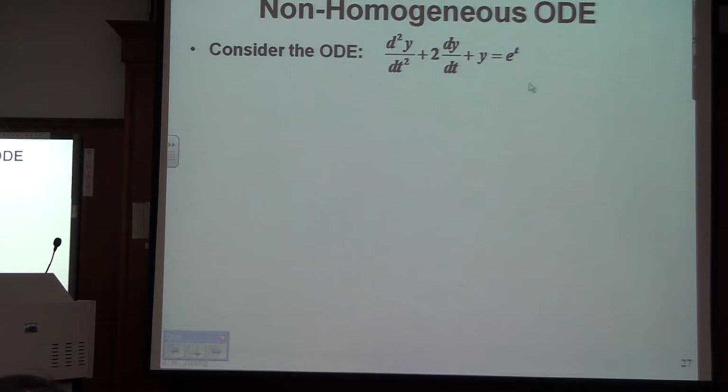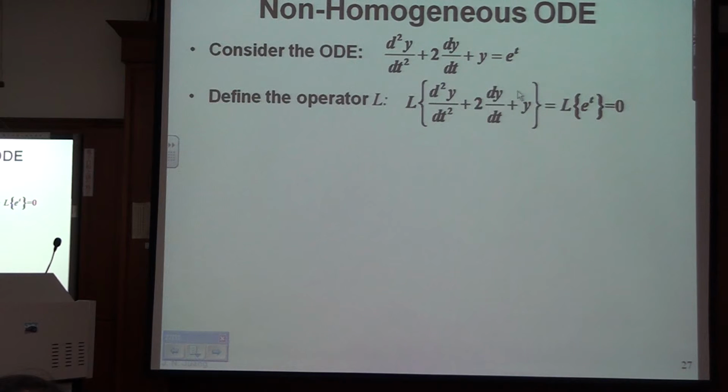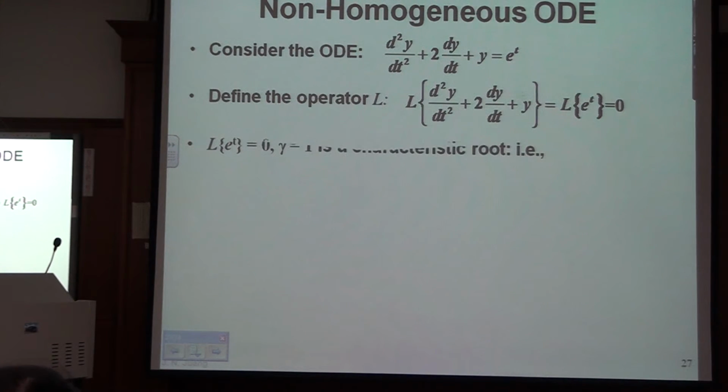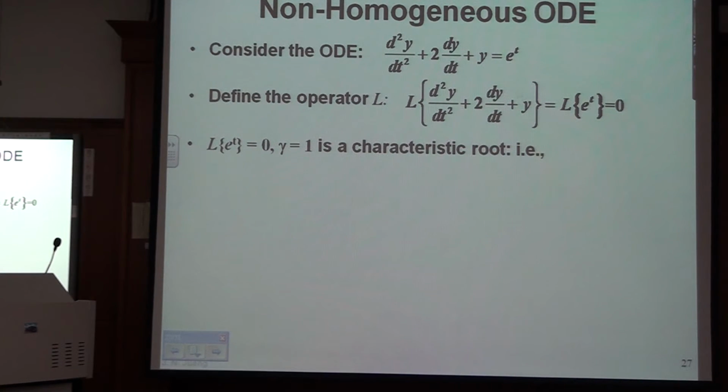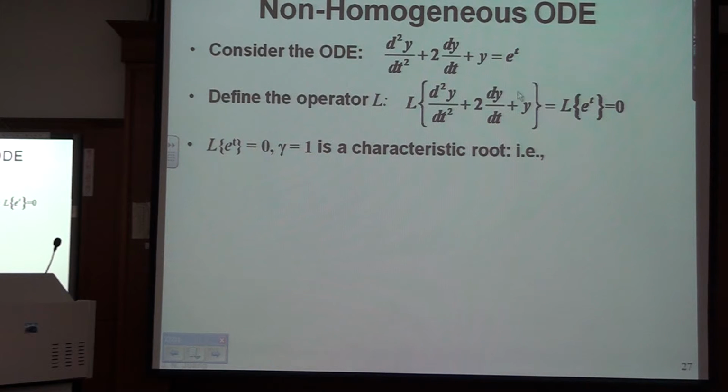Non-homogeneous means you have a forcing function like e^t. So this e^t is your forcing function. Now how do we solve it? Assume you know how to solve differential equations, so I won't do too much on this, but I want to explain what non-homogeneous ODE and non-homogeneous solution mean in the physical world.